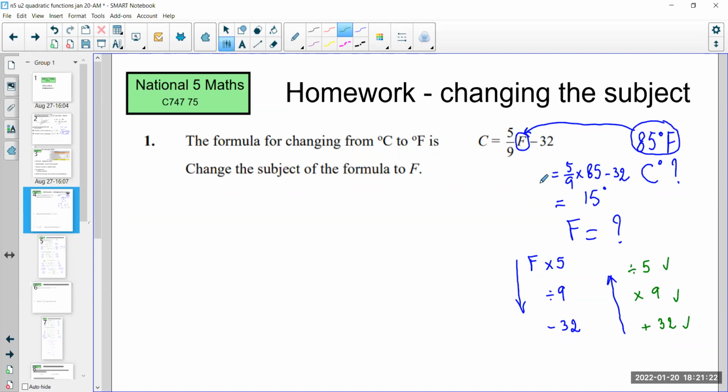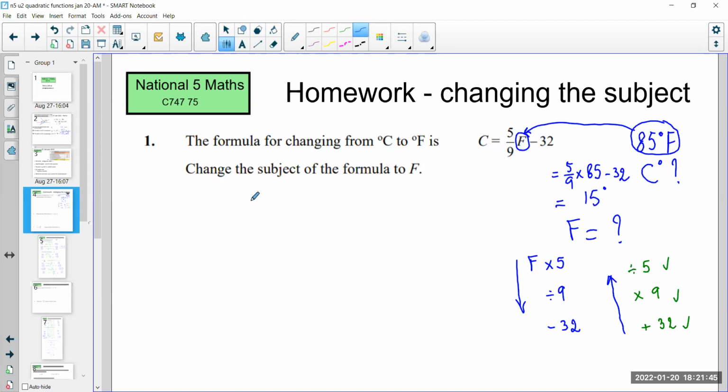So what you hear sometimes, someone would tell you, I've got a minus 32. If I put it on the other side, it becomes plus 32. So 2 schools of thought, I could just do it like that. I can just say, I'm going to add 32 to both sides.